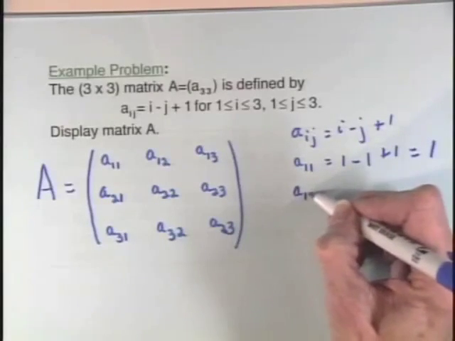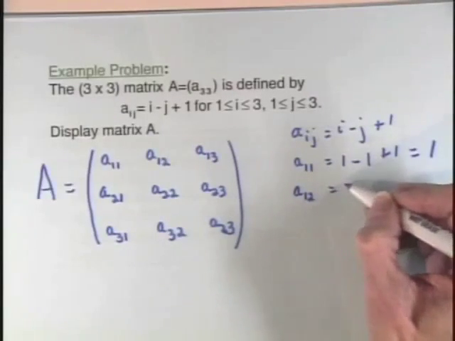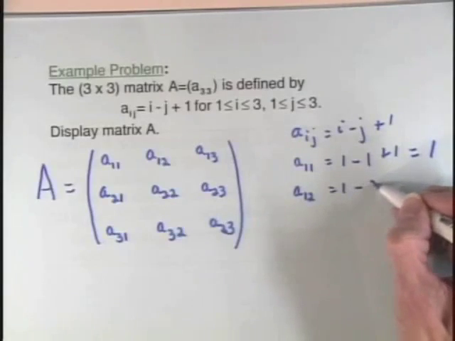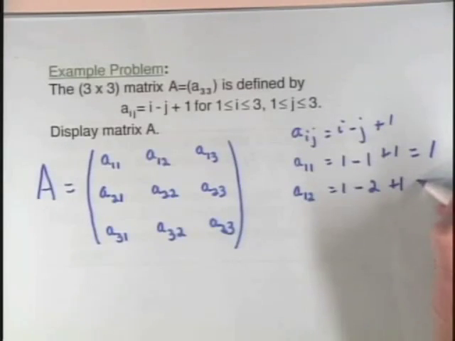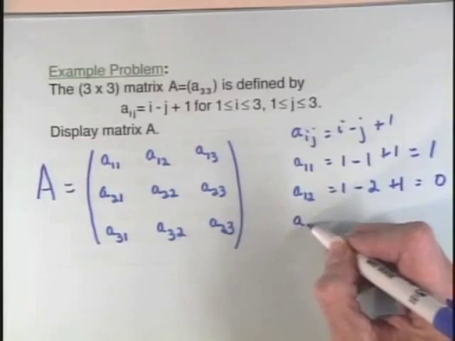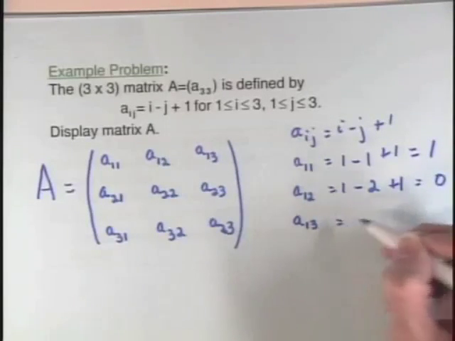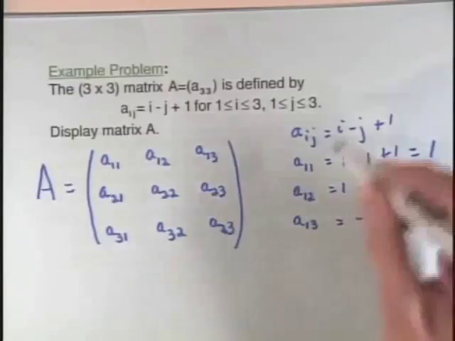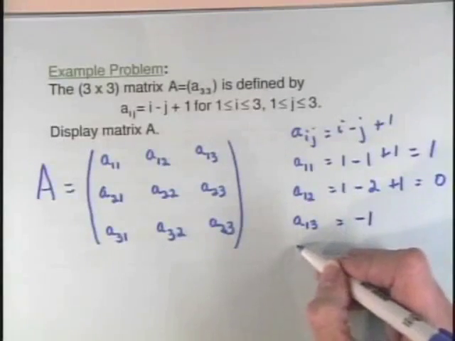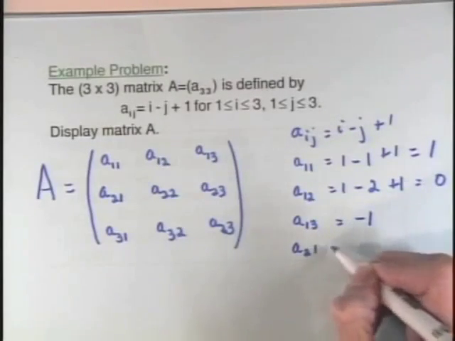For the A12 entry, i is still 1, j is now 2, 2 minus 2 equals 0, and so on. The A13 entry then would equal -1. We move to the second row, A21.